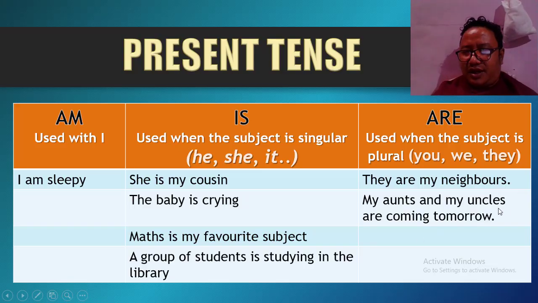My aunts and my uncles are coming tomorrow. Understand? So here, these are all present tense from the be verb. Like this, you can make your own sentences with this, and with this and this also.